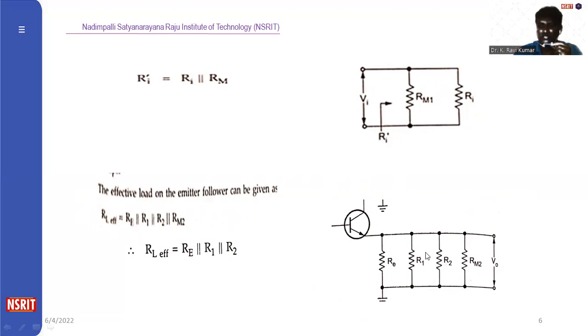This is the Miller's resistance. R1 and R2 are the biasing resistors at the output. So the effective load resistance can be written as Re parallel to R1 parallel to R2. Why? Because RM2 is an extremely high value. That's why you can neglect it at the output side.